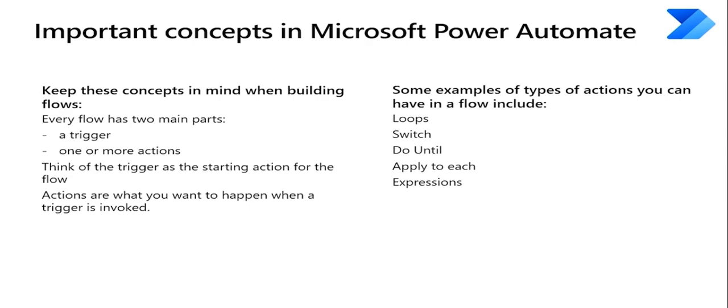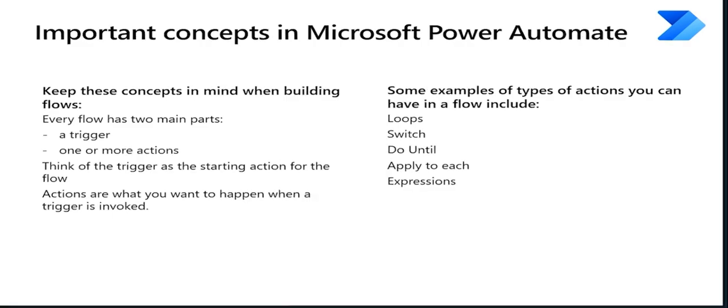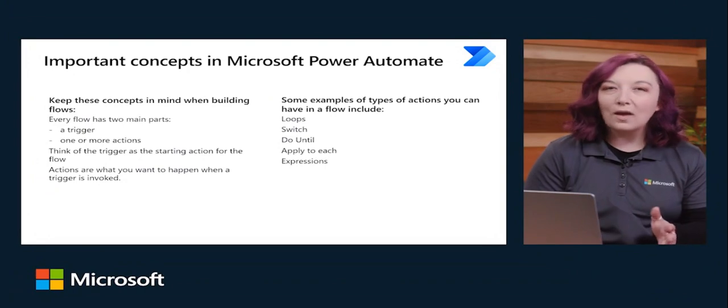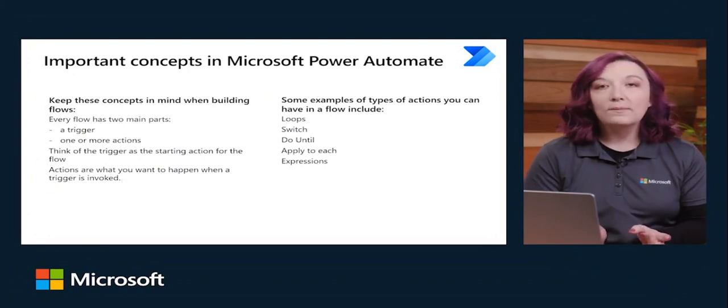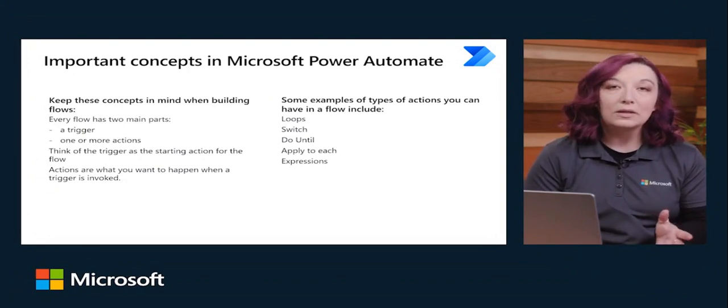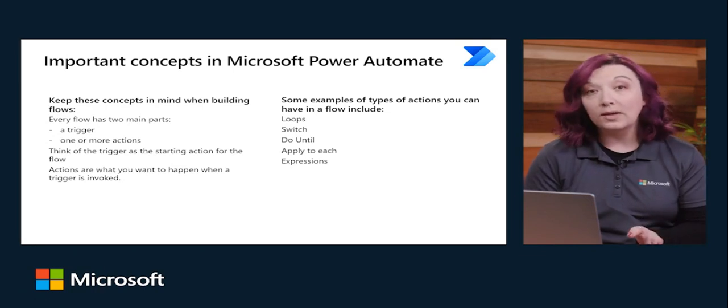Do until executes a block of actions until a specified condition evaluates to true. And apply to each is going to execute a block of actions for each item in the input array. And finally, expressions involve an underlying definition that describes the actual logic that runs in your flow that can be manually written.